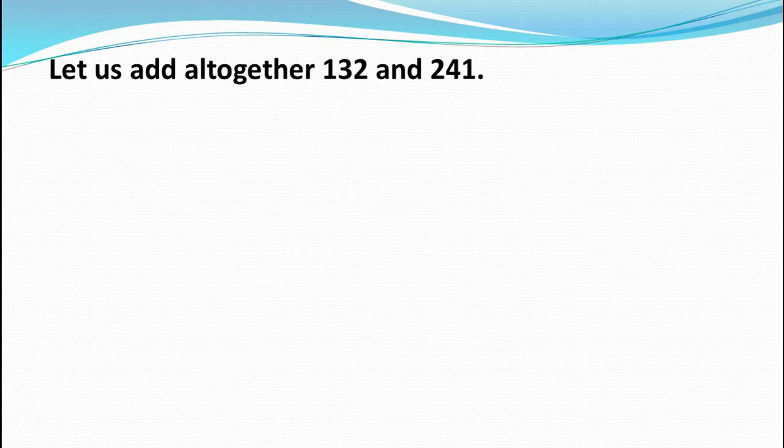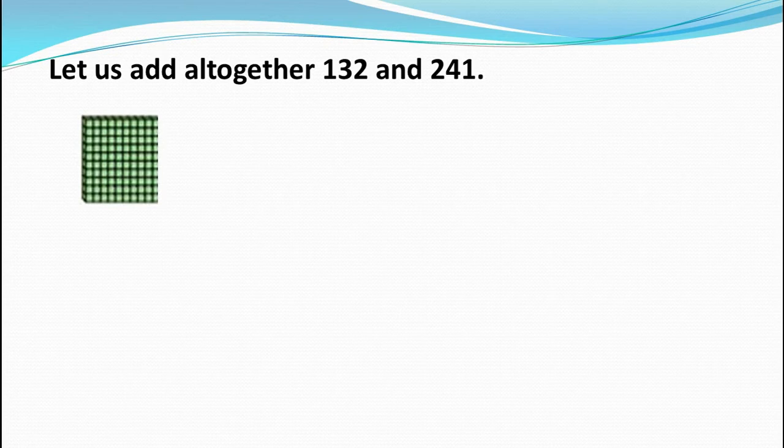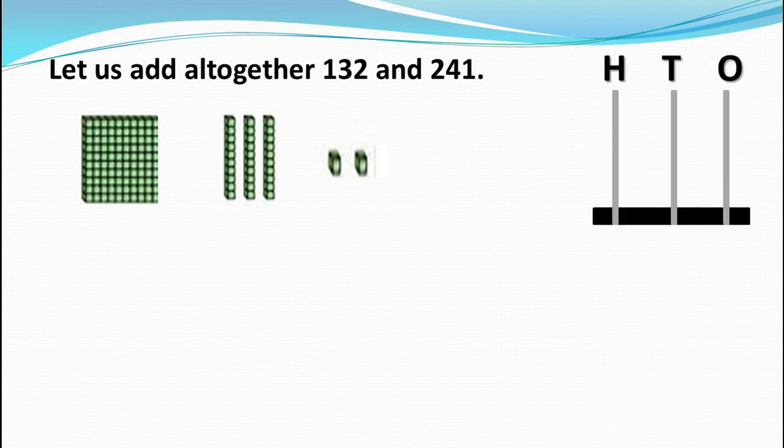241. Here we have one box of 100, then 3 blocks of tens, and 2 blocks of ones. We have one box of 100, so on the abacus we will put one bead on the 100 rod.